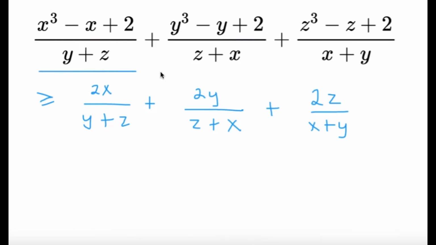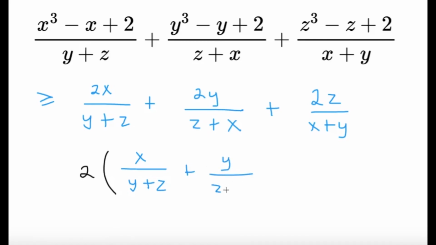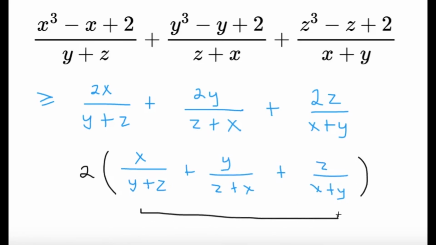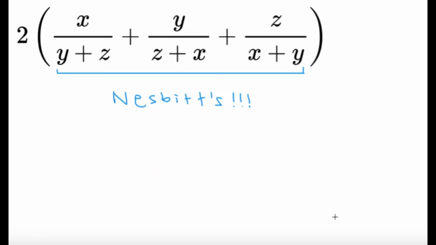So the given expression would be greater than or equal to this expression over here. And we can factor the 2 out, and I think some of you guys might be familiar with the expression inside the parentheses: x over y plus z, plus y over z plus x, plus z over x plus y. It is a pretty well-known inequality, and it is Nesbitt's inequality.